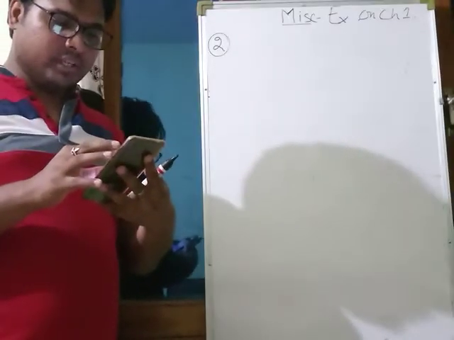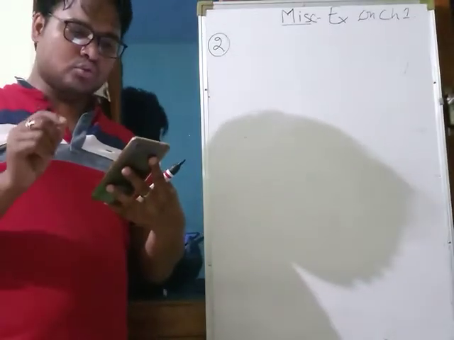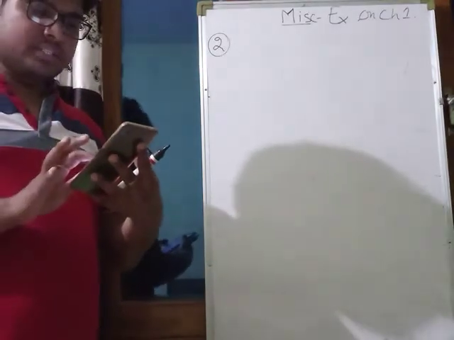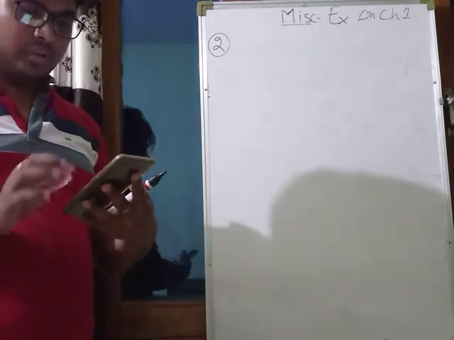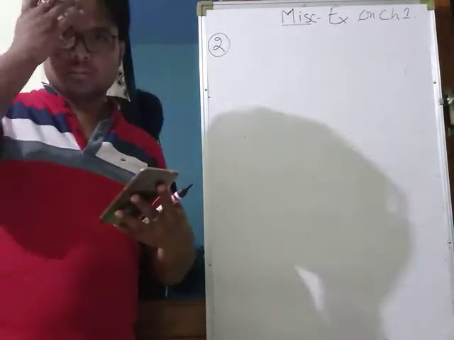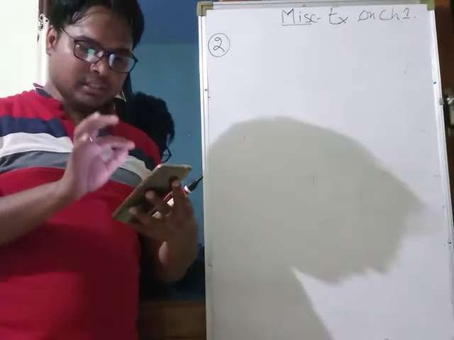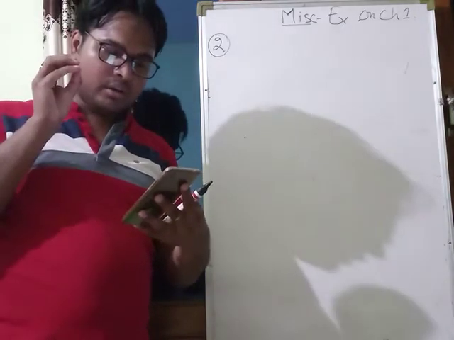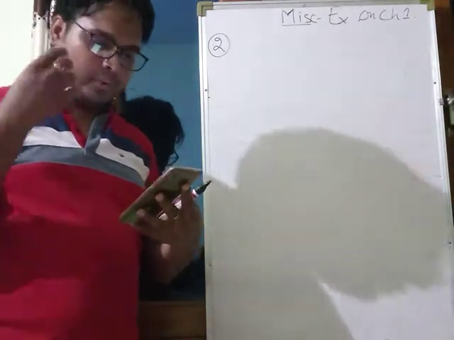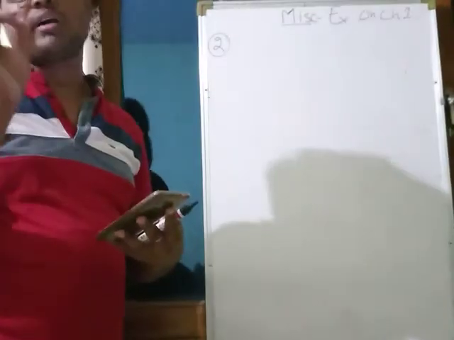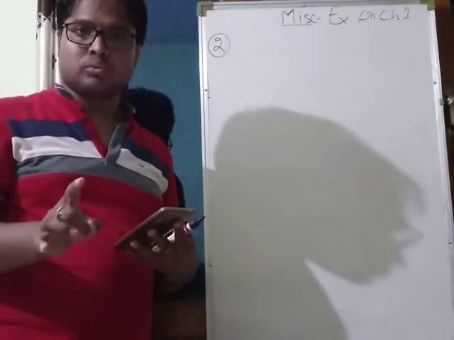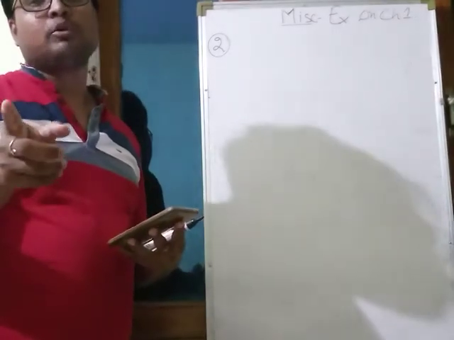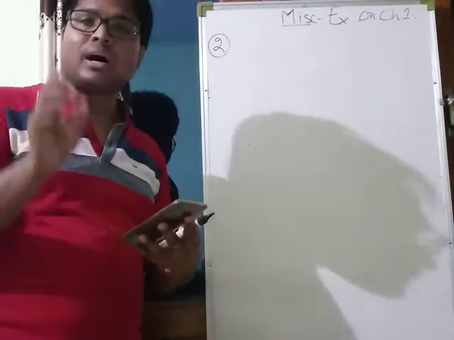In each of the following, determine whether the statement is true or false. If it is true, prove it. If it is false, give an example. Okay. There are 6 questions in question number second, and we have to determine whether each particular statement is true or false. If it is true, then we have to prove it, and if it is false, then we have to give an example.